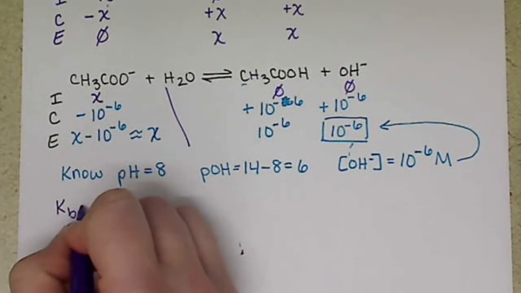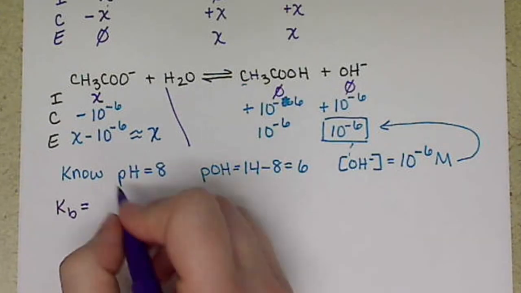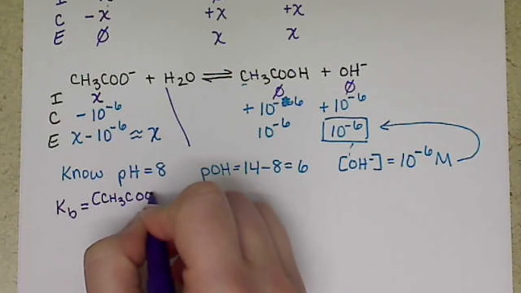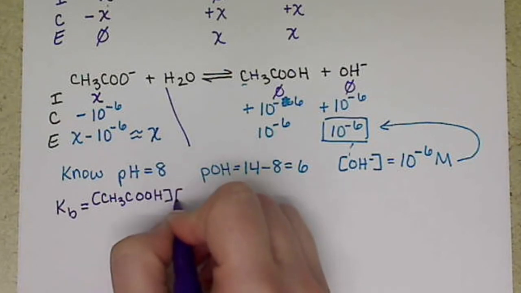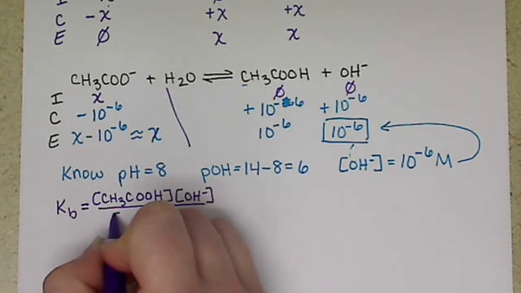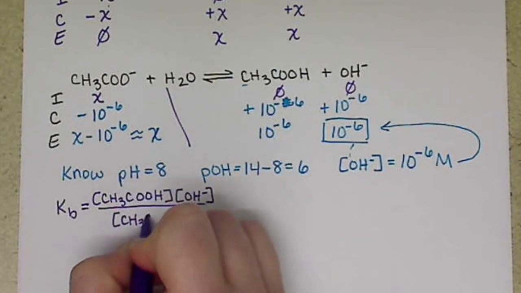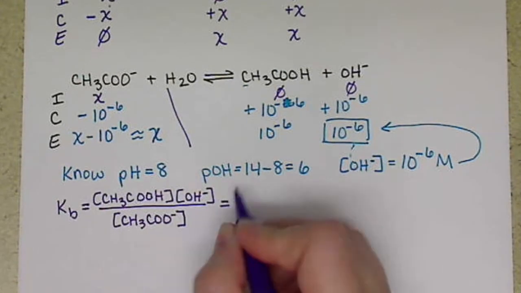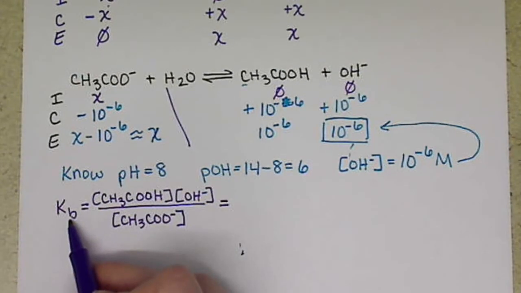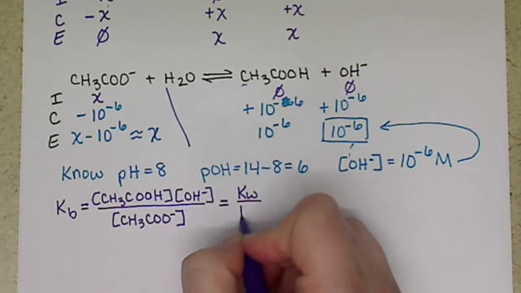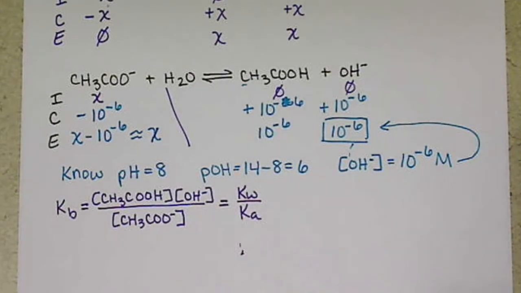We have to use Kb and not Ka because we're producing a base here. So our Kb is going to be equal to our acetic acid times OH- divided by the acetate ion. And our value for Kb is going to be Kw divided by Ka.